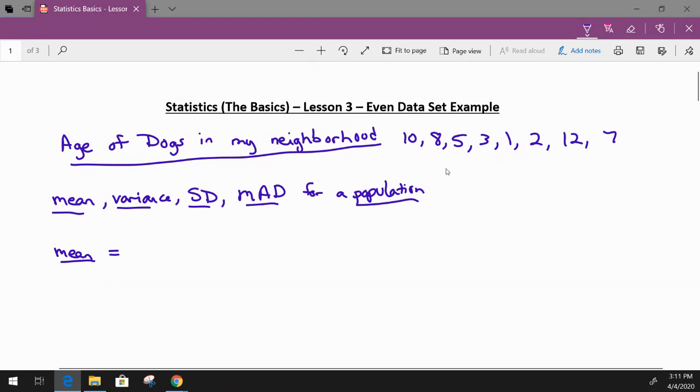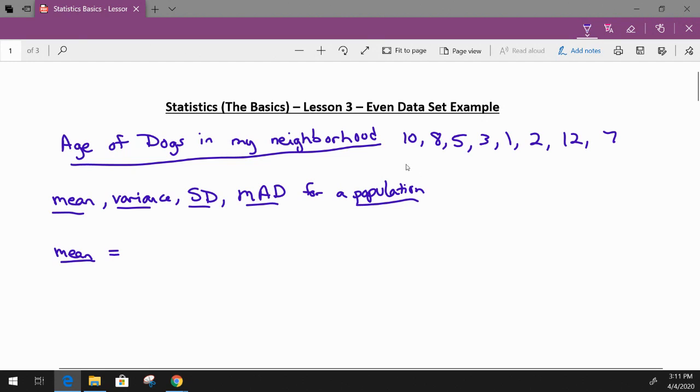When it's a population, it means that there are exactly this many dogs in my neighborhood, and I am finding the data that goes with that exact value. This is not just a random number of ages of dogs in, say, my whole subdivision. So this is exactly 8 sets of data.